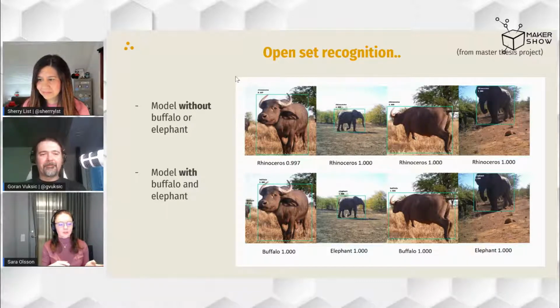You're training the model to distinguish between a set of classes, and as soon as there are any other animals that you haven't trained on, there will probably often be a faulty classification. For example, when we tried a model without the classes buffalo or elephant, these large animals were all classified as rhinoceros. And when we added them, buffalo and elephant were all correct.